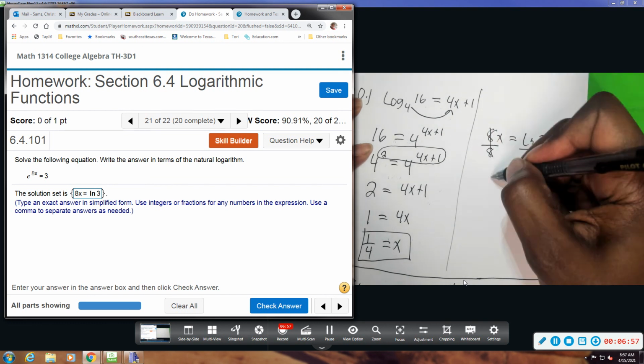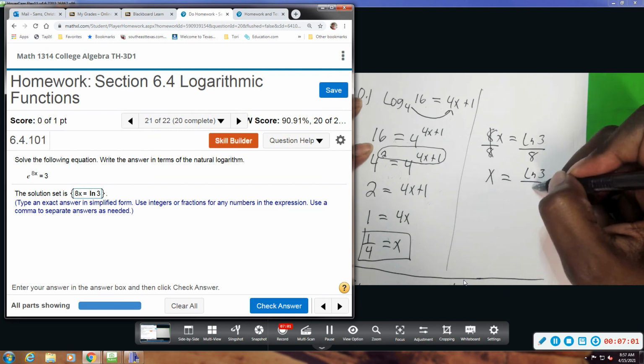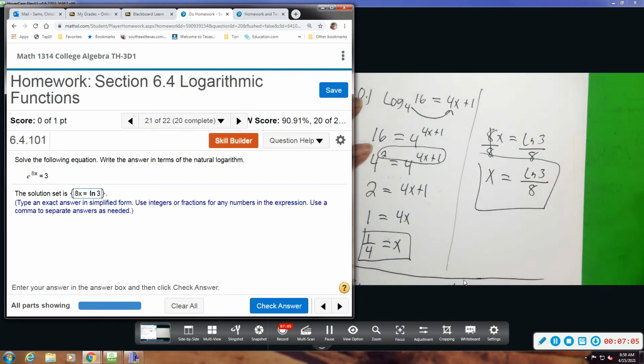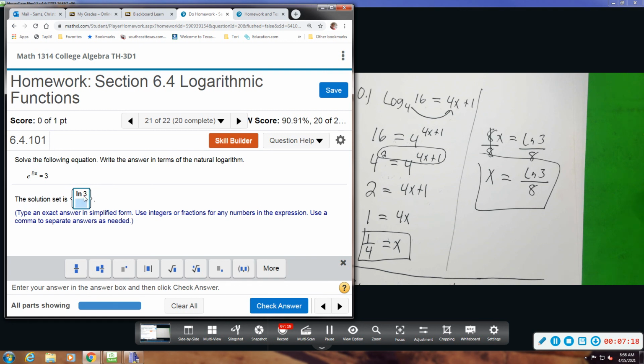And then that will give you x equals ln of 3 divided by 8. So that's what they want us to do. So ln of 3 divided by 8, that's what they mean in terms of natural log. So they want to see that there. So I'm just going to change this up. I don't need the x equals part, I just need to do divided by 8.